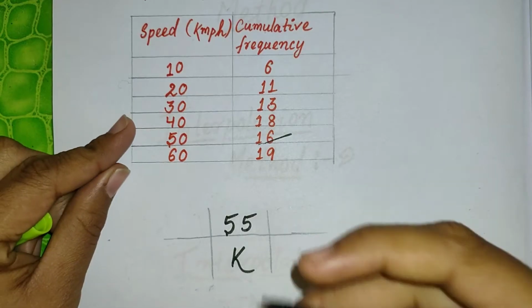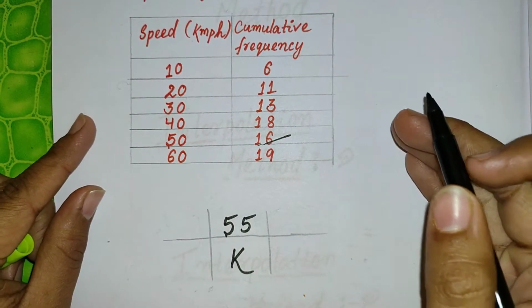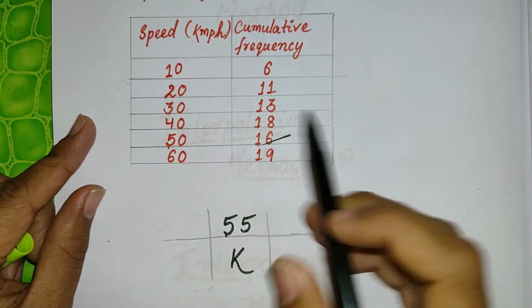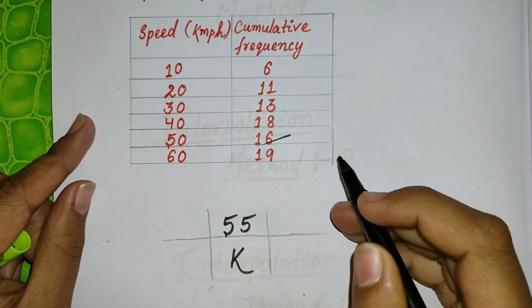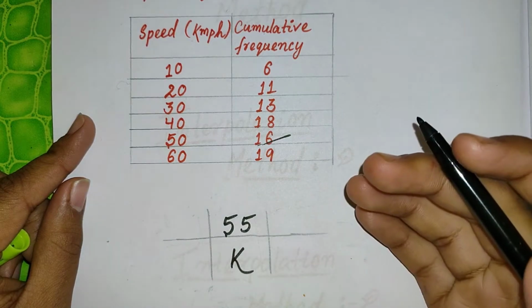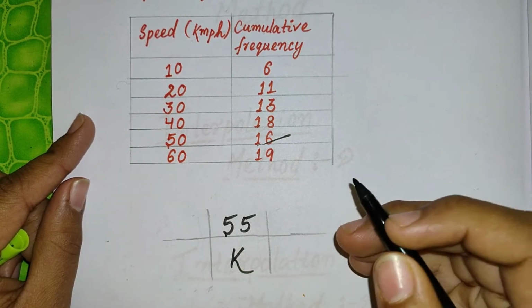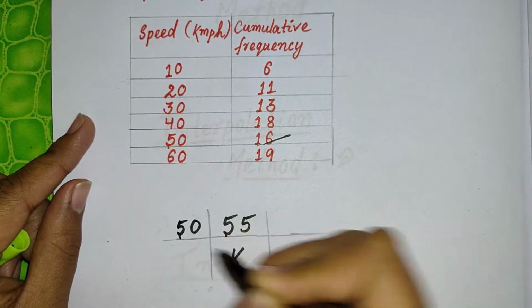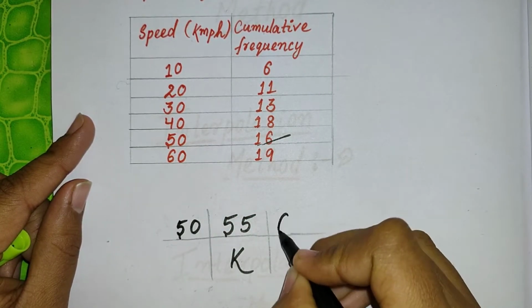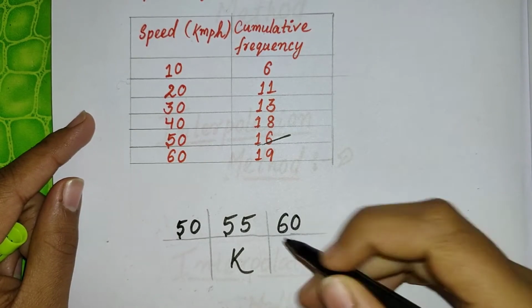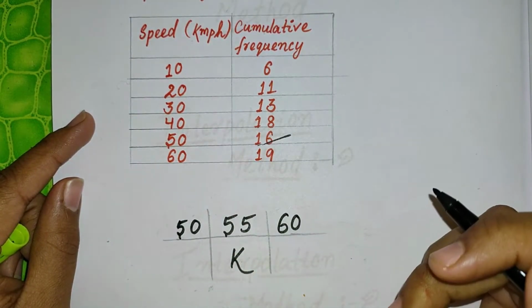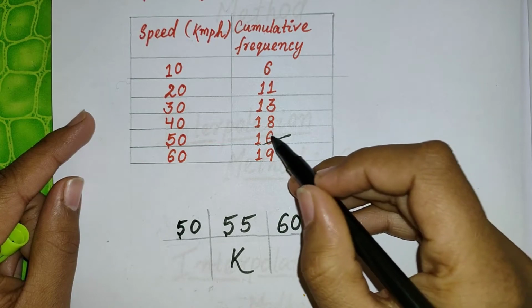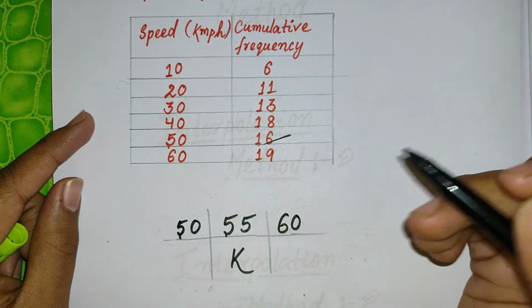Now the speed value given before 55 is 50, and after that is 60. So before 55 the value is 50, and after 55 the value is 60. For both speeds, the cumulative frequencies are given, that is 16 and 19.